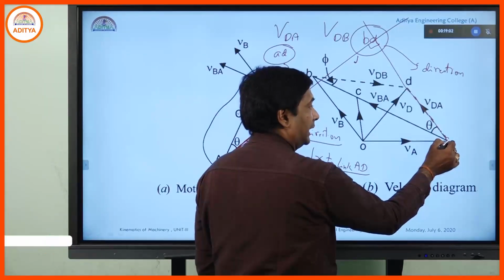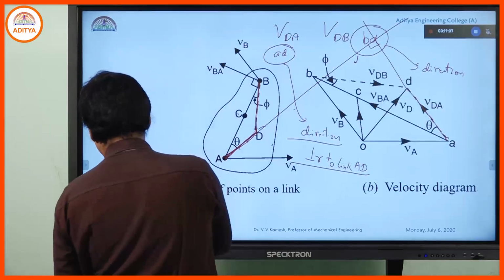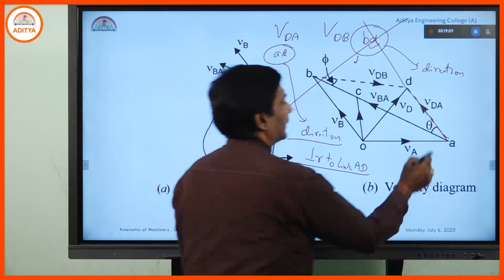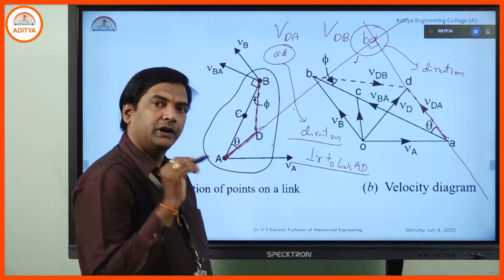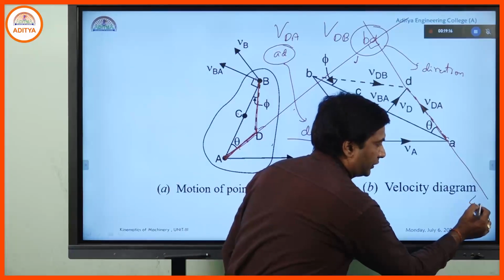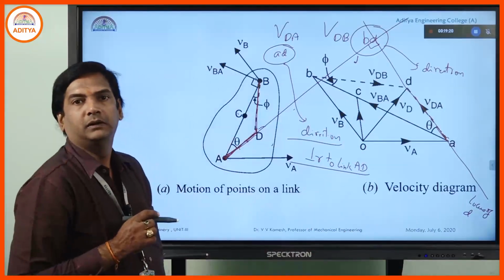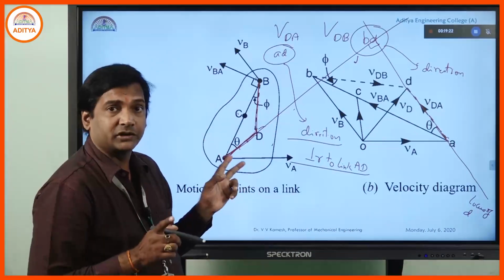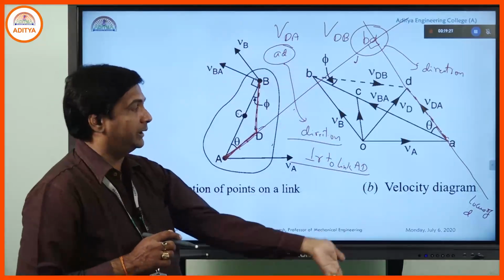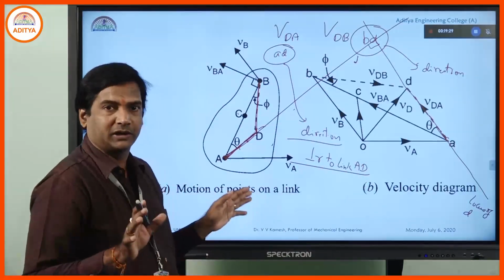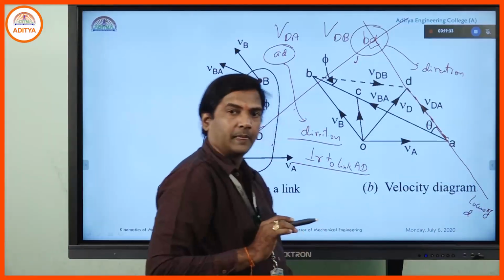Once we are drawing AD, we need to draw a continuous line. Actually, this can be extended like this. This we need to represent as locus of D. It is giving only the direction and it is the locus line only. It may be vertical, it may be downside, we don't know in the initial case, but represent it as locus of D.